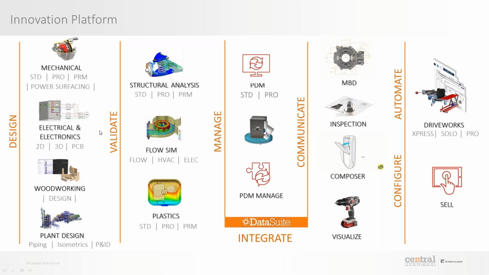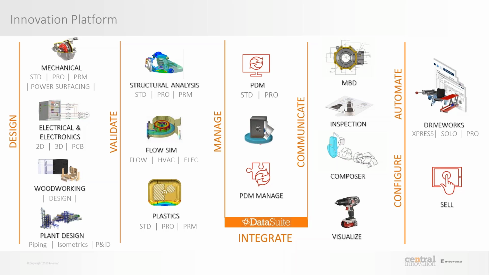We've got partner products with SolidWorks that help in very specific applications, like woodworking, where you've got an application that can help you design everything for your woodworking projects and communicate it all the way to your CAM and CNC machines. Similarly, there are other partner products that help in plant design, which include piping, isometrics, P&ID diagrams, etc. So these are specific tools built on the SolidWorks platform.